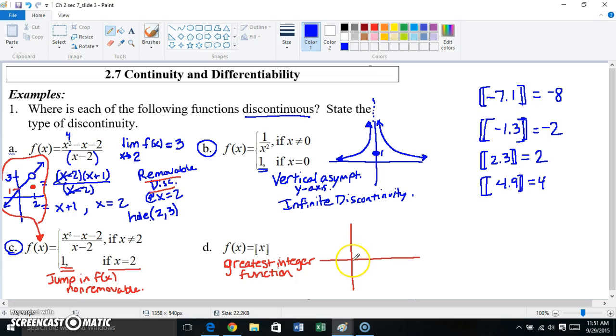All right, so what this graph looks like is on the left, you have a closed circle. On the right, you have an open circle. So remember, if you plugged in 1.5, the greatest integer less than or equal to 1.5 would be 1. Okay, and going back the other direction to do some negative numbers.